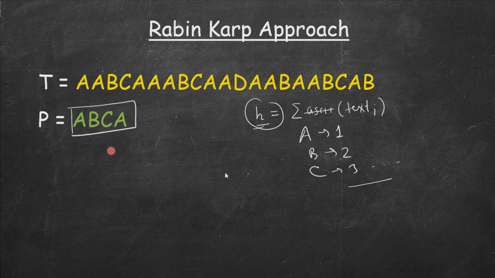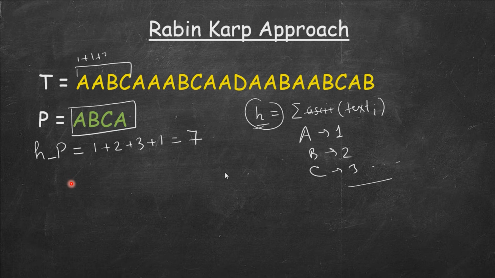Then the hash of the pattern will be 1 plus 2 plus 3 plus 1: 1 for A, 2 for B, 3 for C, and 1 for A. So it's 7. Now we calculate the hash of the first 4 characters of the text, and it will also be 7, because we add 1 plus 1 plus 2 plus 3.